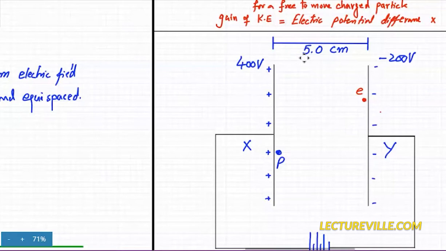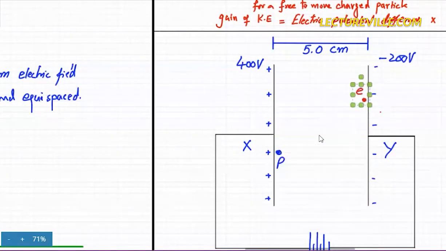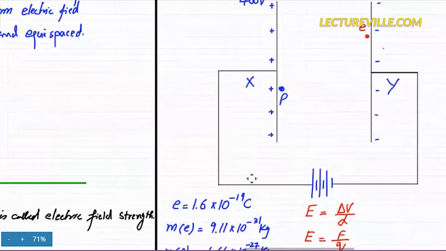And Uswa, are you with your calculator now? Yes, sir. Good. Now, what is the force experienced by this electron, which is exactly on the negative plate? Do you see this electron, the red one? Charge on electron is written over here.